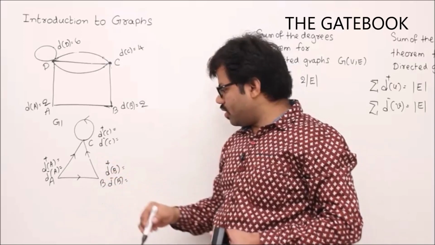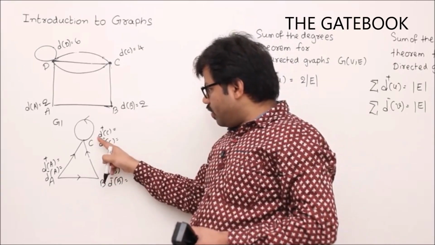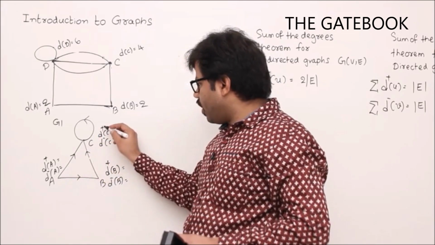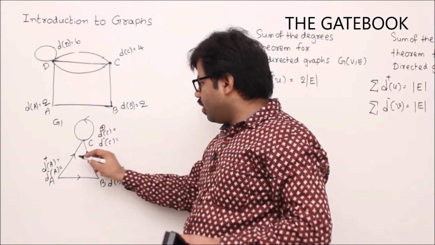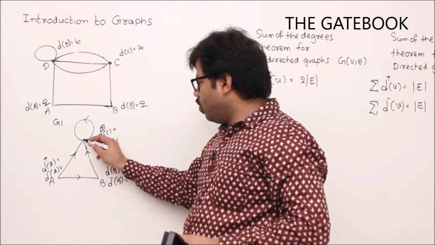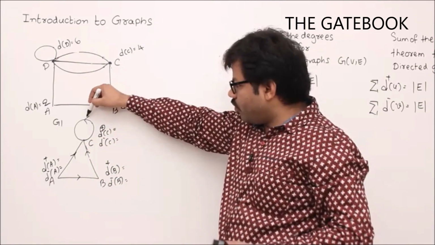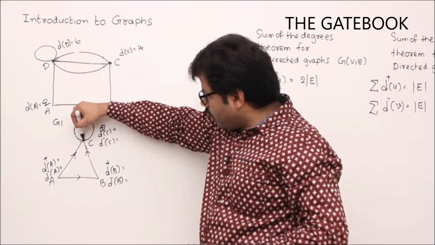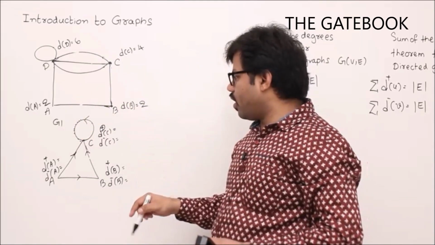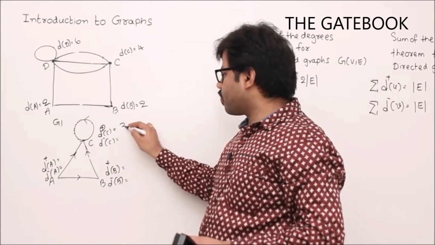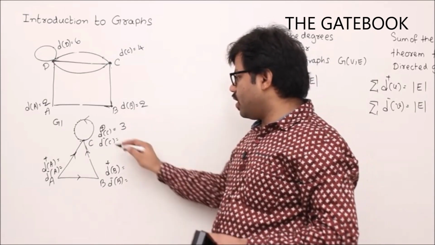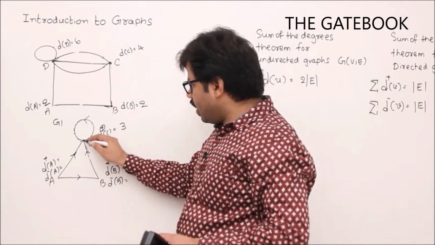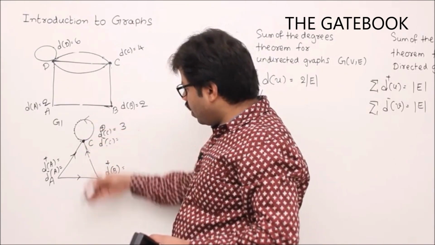Let's see this one. Let's begin with C. First of all, I am going to take the incoming degree. So 1, 2, see the self loop. The self loop is coming towards our vertex C, isn't it? So that's why 1 plus 2, 3. Now d minus of C, number of outgoing edges. Is there any edge which is going out?